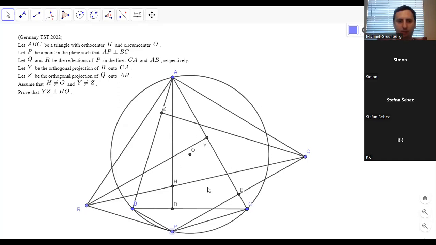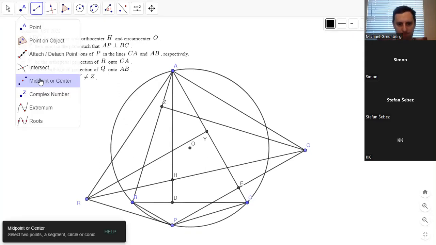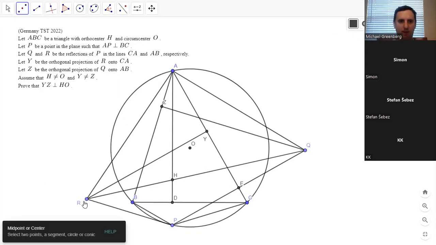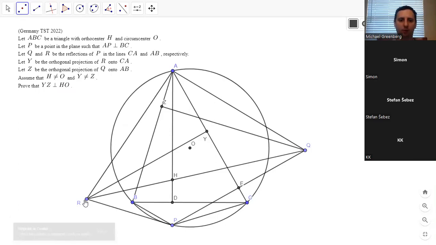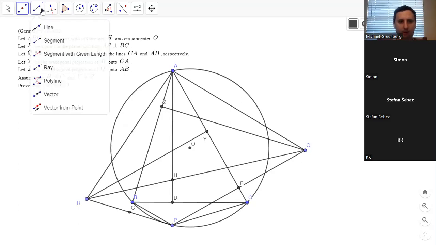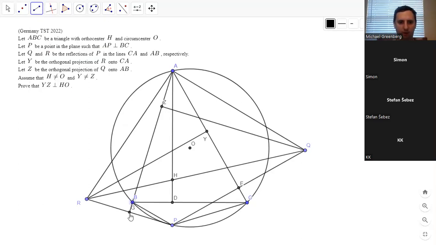So then we could use the Simpson line. And that would show that R, H, and Q are collinear. Because by the Simpson line, we know that G, D, and E are collinear. And so that means that R, H, and Q are collinear, because they're each reflections of P. So yeah, we could also do that.